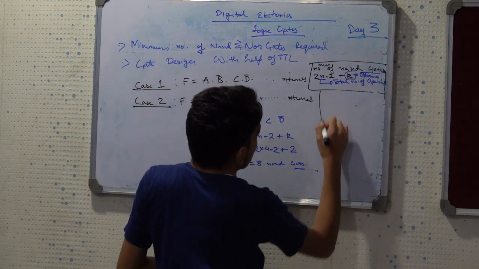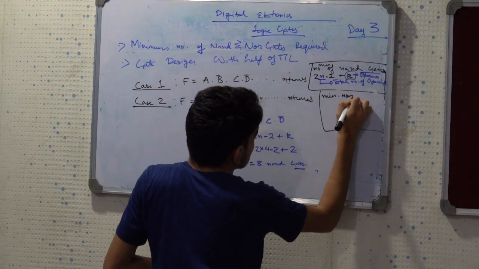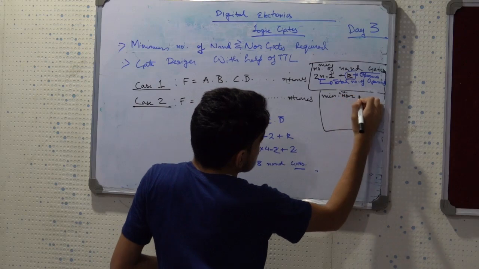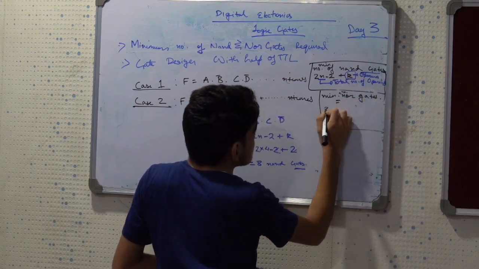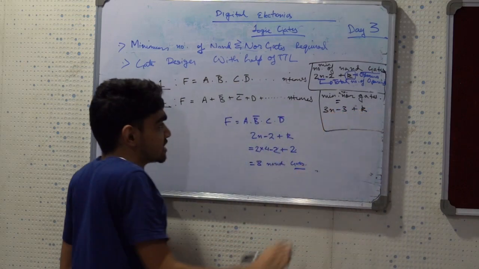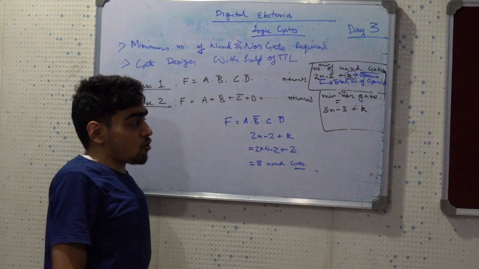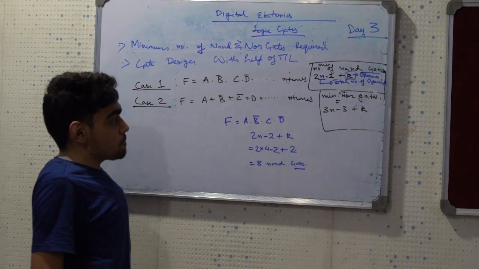Similarly, the minimum number of NOR gates is equal to 3n minus 3 plus k, where n is the total number of operands and k is the number of operands in complement.